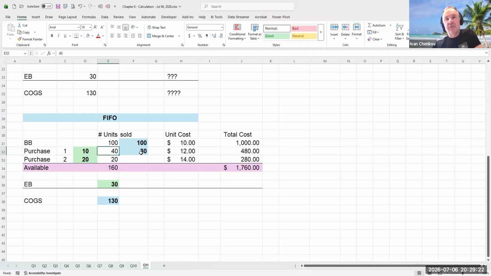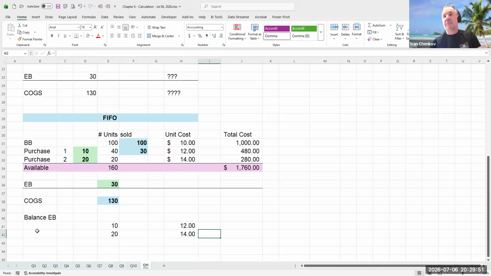So the question is, what's the balance of my ending inventory? I have 10 units at $12 and I have 20 units at $14, correct?